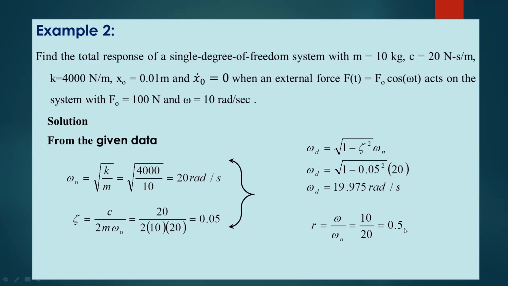Look, the forcing frequency is less than the natural frequency of the system, and the frequency ratio is 0.5. So what do you suggest for your mechanical design? Is it stiffness control, mass control, or damping control?